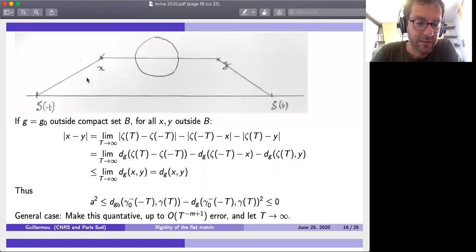And then, because G is equal to the Euclidean metric outside the ball, we can replace the Euclidean distance by the G distance. Here again, I'm doing just the case where G is G0 outside the compact set.